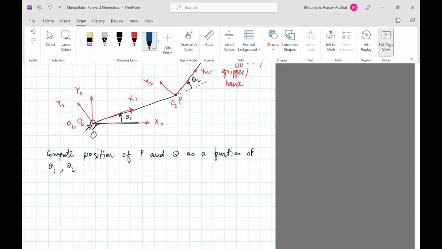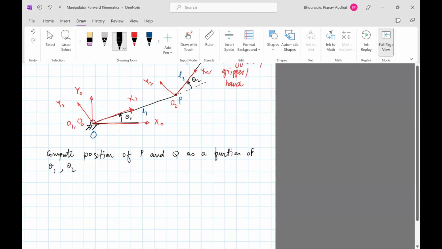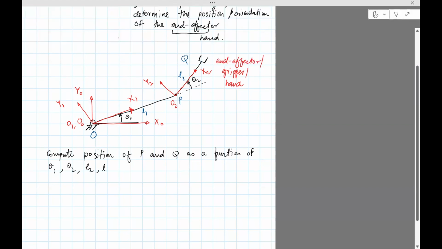So let's say that this length is L1, which is basically the distance between O and P. I'll not draw an arrow because it'll just clutter the whole picture. So L1, L2. So we need to describe the position of P and Q as a function of L1, L2.